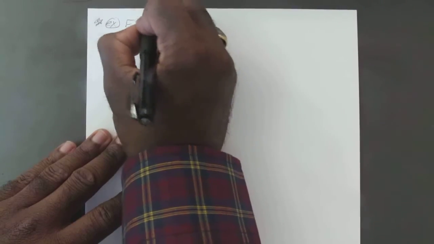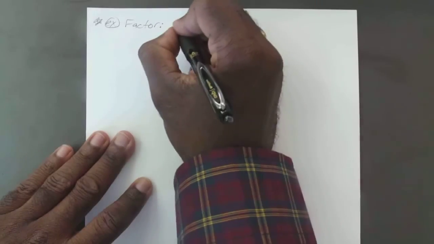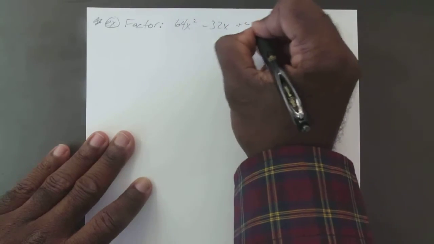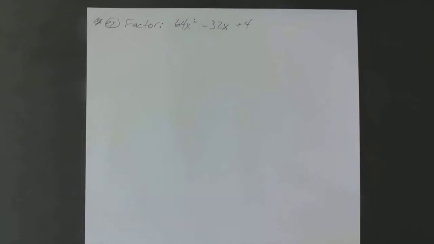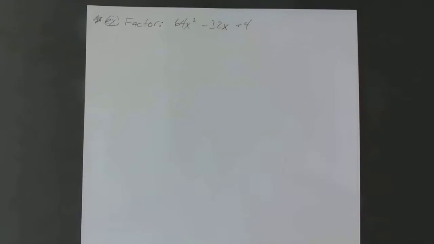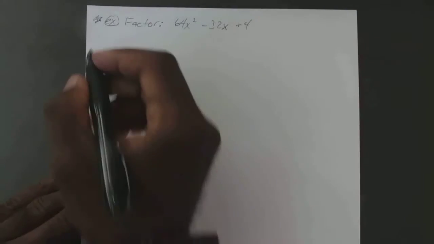So let's say we wanted to factor 64x squared minus 32x plus 4. Okay. So now if you want to do the A times C method, it'd be 64 times 4, which would give you some big number, I think it's 128 times 2, which is more than I feel like doing in my head right now, but you kind of get the idea. It's a big number to try and mess with, especially when you don't have a calculator on the exam. Okay, so this is where this method really comes in handy, because you don't have to deal with those big numbers.